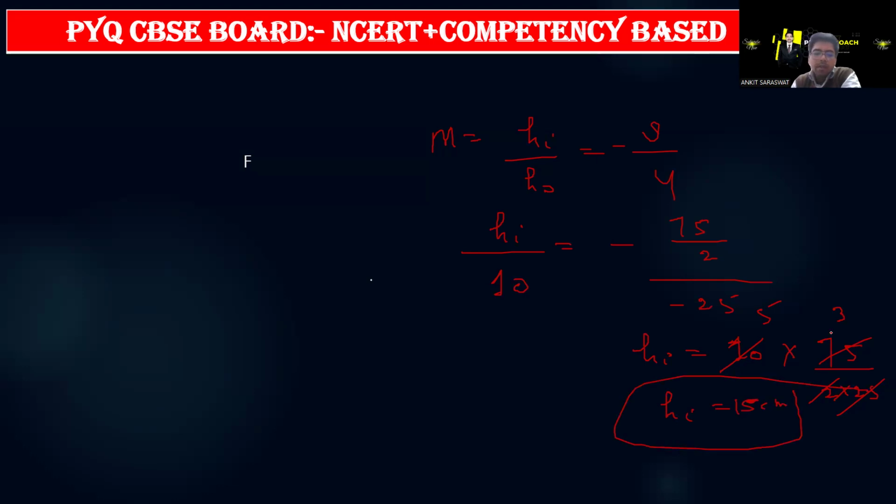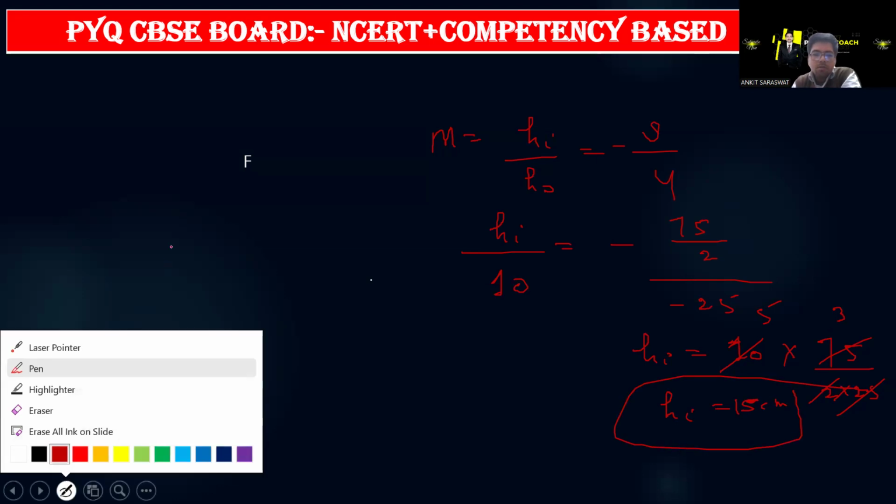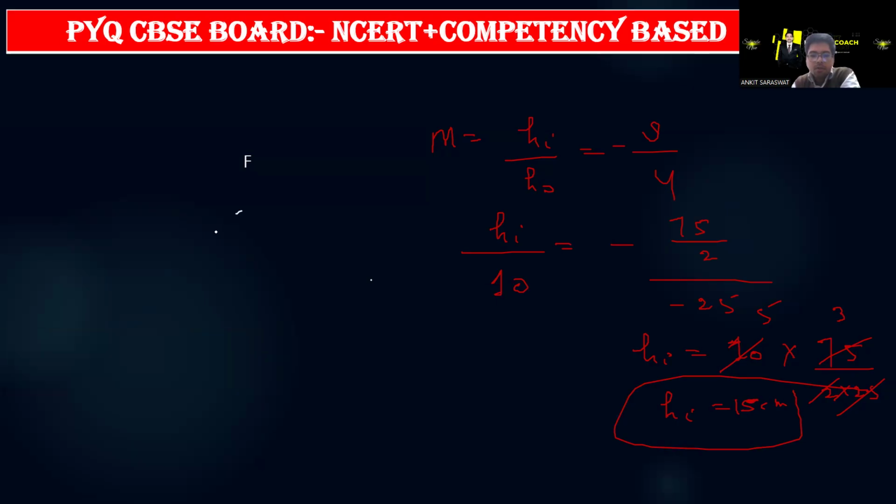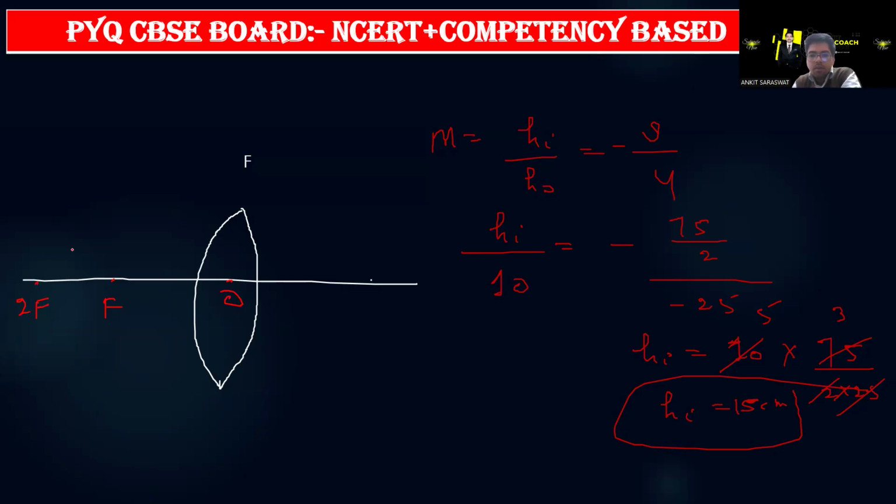Now some questions can ask you to draw the ray diagram also. You can easily draw. It is magnified. We know that magnified means height of image is more than the height of object. This is our optical center. Focus, F to 2F. So the object is 10 centimeter, placed here.